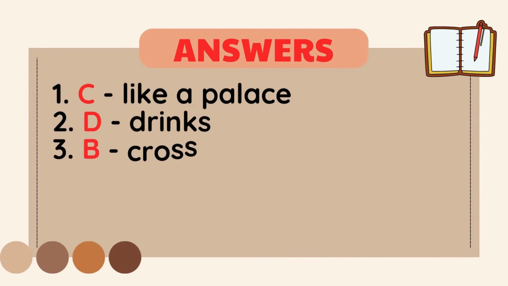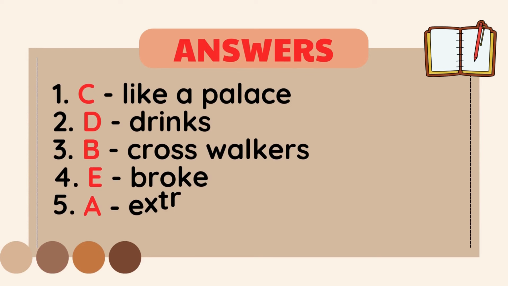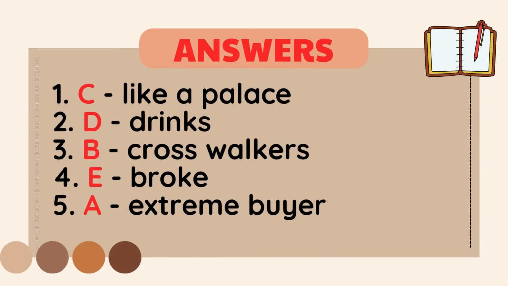Let's check your answers. Number 1, letter C, like a palace. Number 2, letter D, drinks. Number 3, B, crosswalkers. Number 4, E, broke. Number 5, A, extreme buyer.